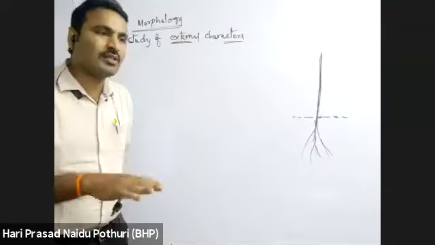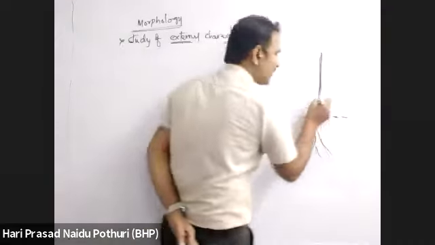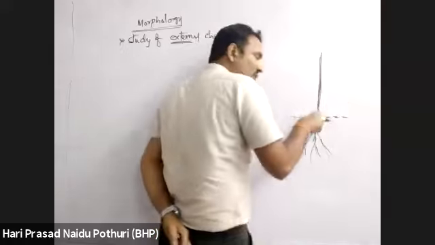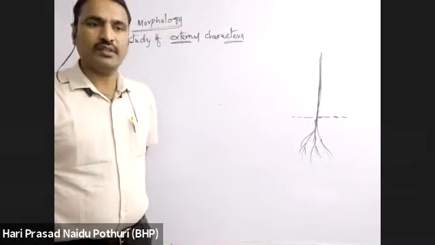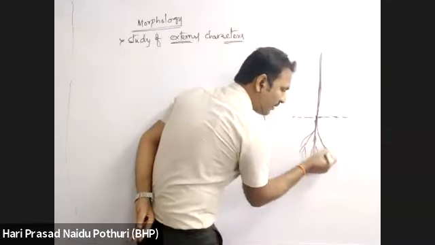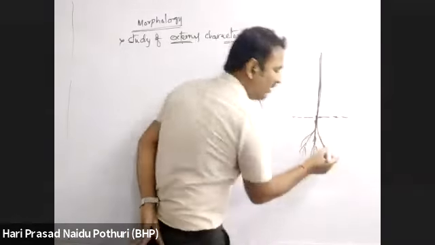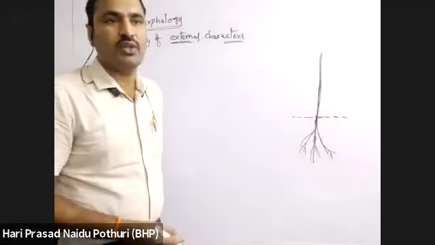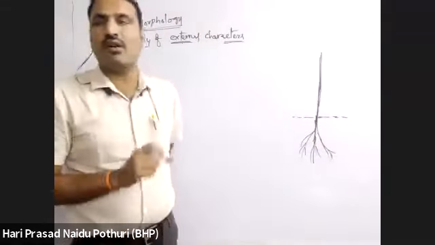Below the level of the soil, there is a system of the plant called the root system. That root system has main roots, rootlets, everything. This is the main root. The branches developing from the main root are called what? Secondary roots. Then on them there may be some more branches, called tertiary roots. So the primary root, secondary roots, and tertiary roots all together are called what?